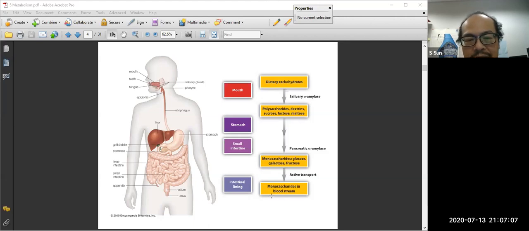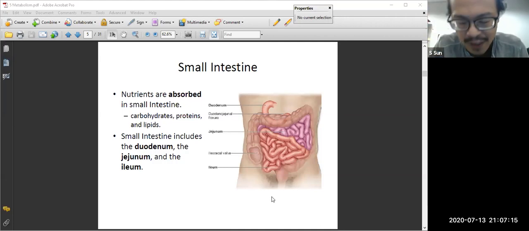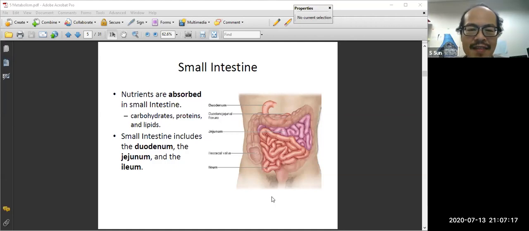What's new here then? One thing new is that in our small intestine, whatever you eat and digest, the place where it starts to enter into our cells or our body is the small intestine. So that's a quick question: which organ in our body is the major organ to absorb our food?